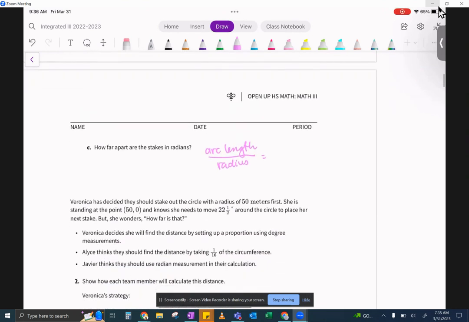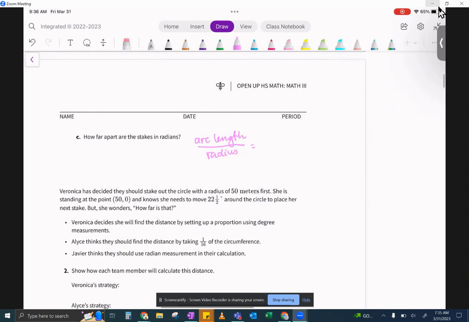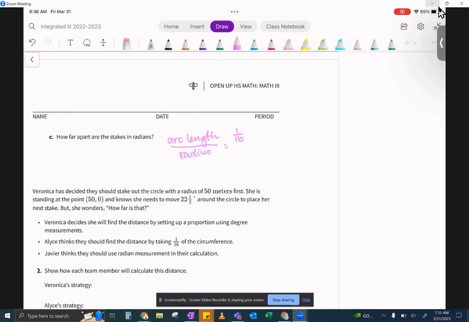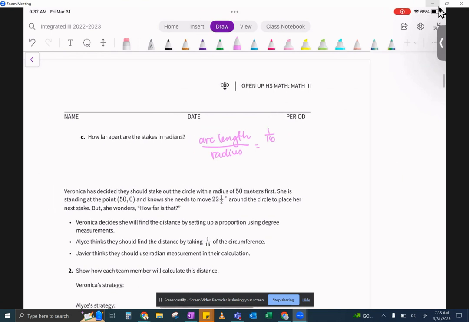All right, so here we go. It's going to be 1/16, right? Because we have 16 stakes. We only want 1/16 of them. And then we're going to multiply that by 2 pi times 50, and then divide it by our radius, which is 50. Okay?